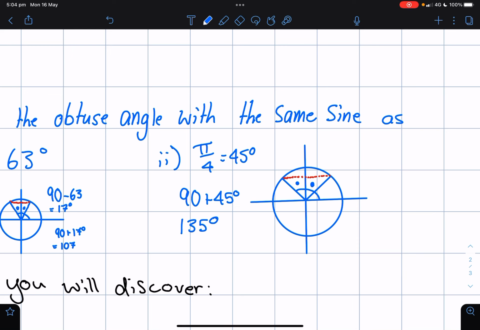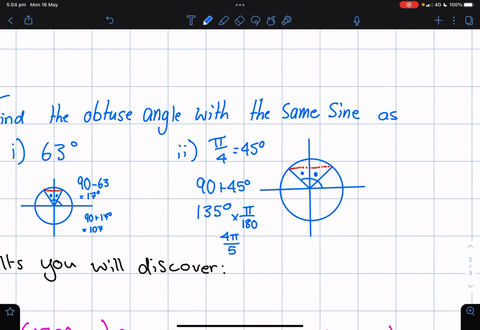So pi on 4 has the same sine value as 135 degrees. And if we do a quick conversion back into radians, that's going to give us 3 pi on 4. Okay, so 45 degrees, pi on 4, 135 degrees, 3 pi on 4, they all have the same sine value.